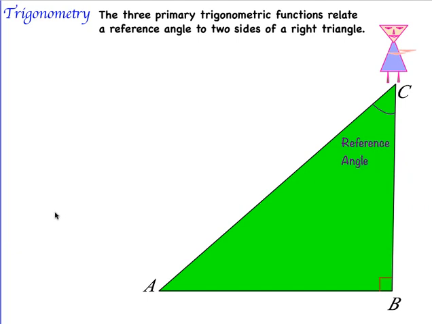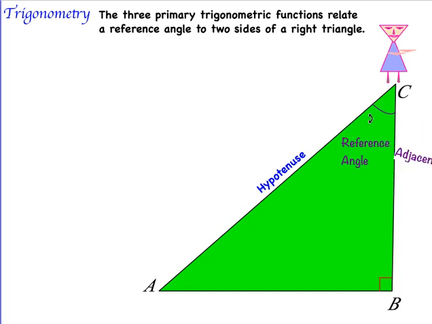Which one would be the hypotenuse? Well, the hypotenuse is still going to be the one directly across from the 90-degree angle. Since Mr. Triangle is standing at point C, side BC is going to be our adjacent side.